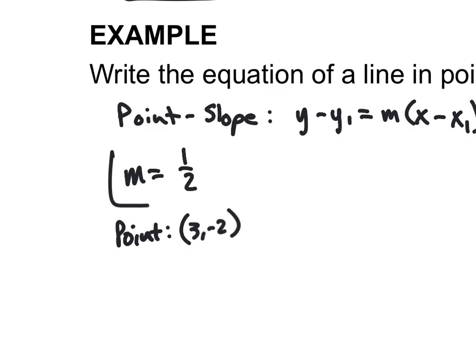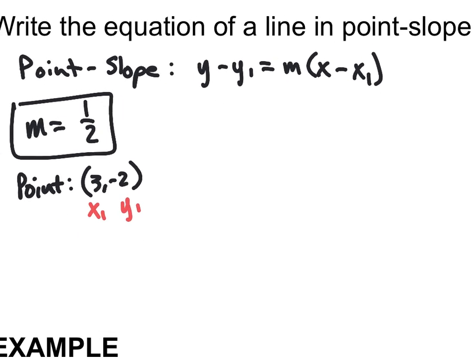Now, we have our m value, and with our point (3, -2), I'm going to call this x sub 1 and y sub 1. All I'm going to do is take all these values and substitute them in here.